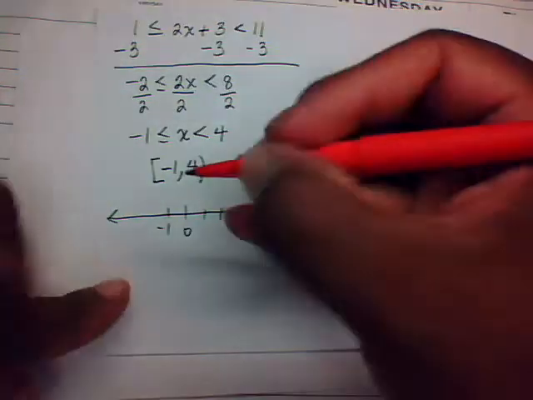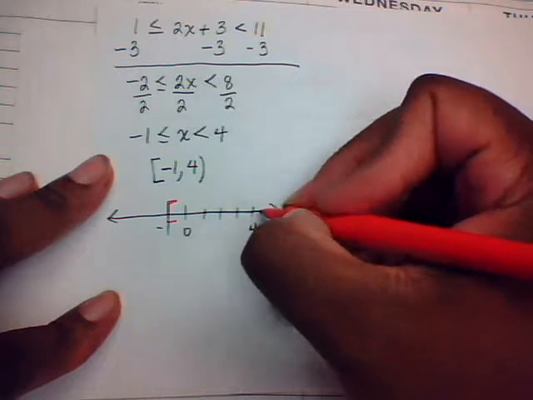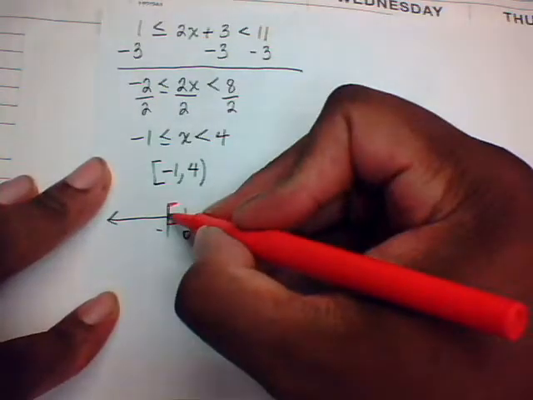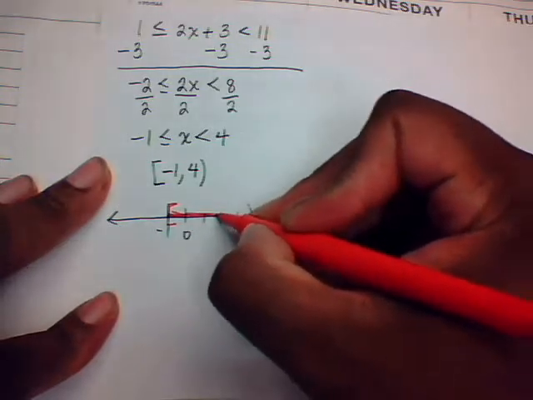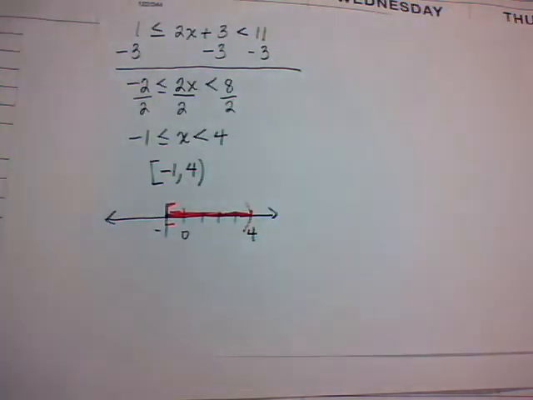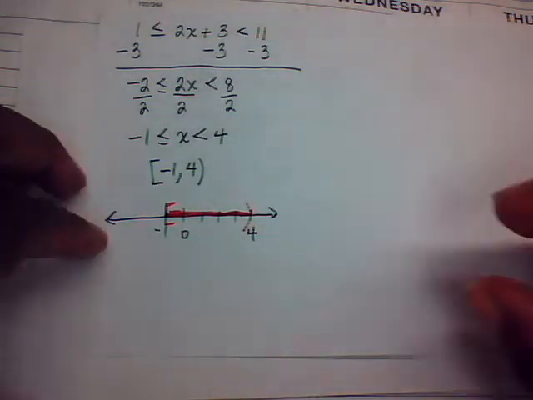At -1 is a left bracket, and at 4 is going to be a right parenthesis. And we shade everything in between -1 and 4 to show that the values of x are between -1 and 4, and only including -1. So that's pretty much how you will solve a compound inequality for this particular situation.